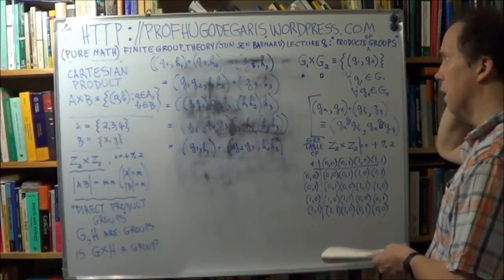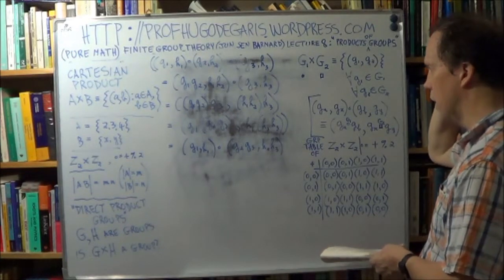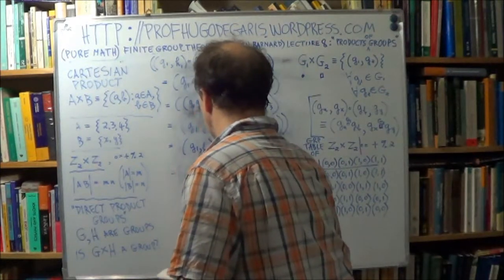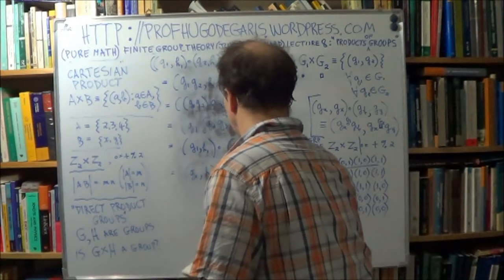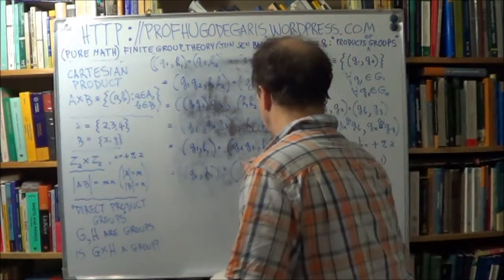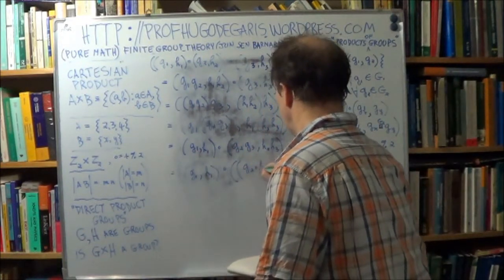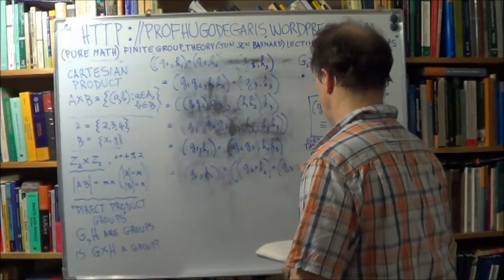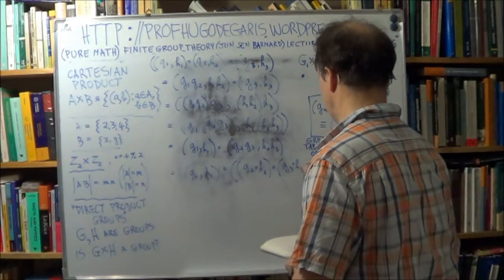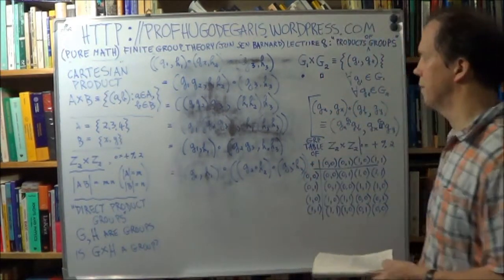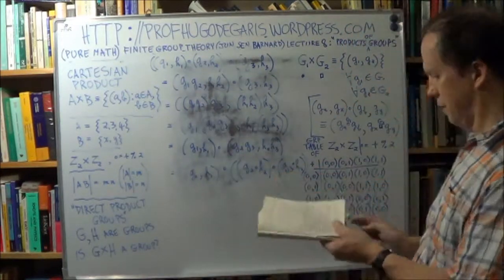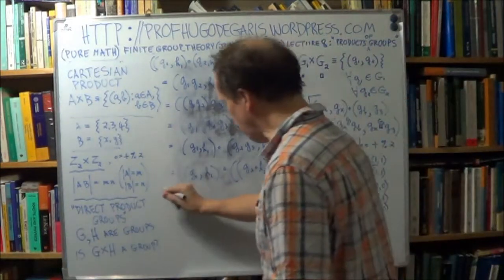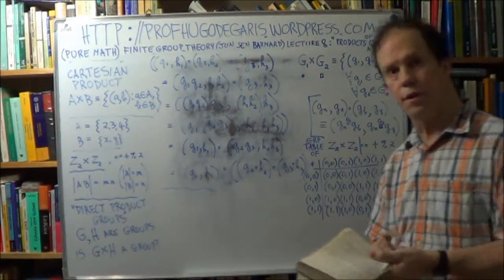Right. And this expands out, so this then becomes G1, H1, G2, H2, G3, H3. There it is. So this is this. So it's associative. Okay, so we've shown closure and associativity.